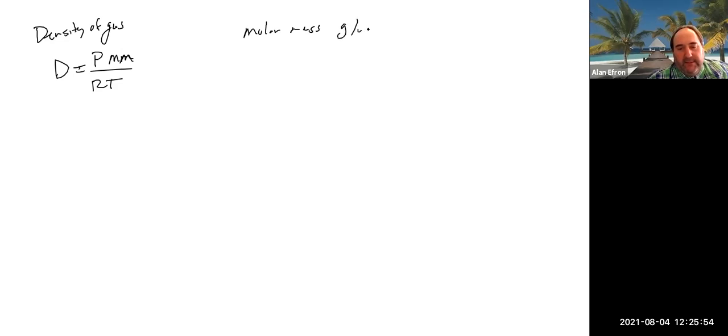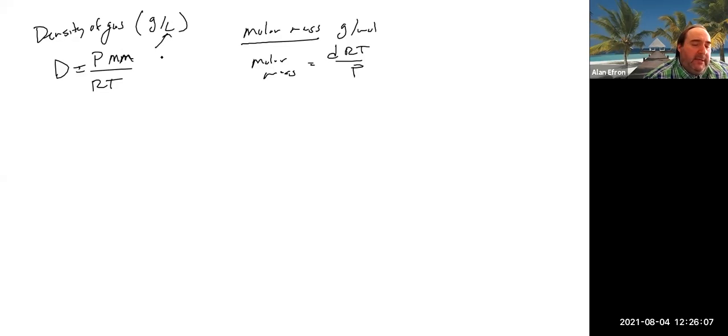Remember, molar mass is usually grams per mole, and you could do that by figuring out the density times RT over P. Remember that when we do density of a gas, it's grams per liter, not milliliter. All of these are really based off of the ideal gas law.